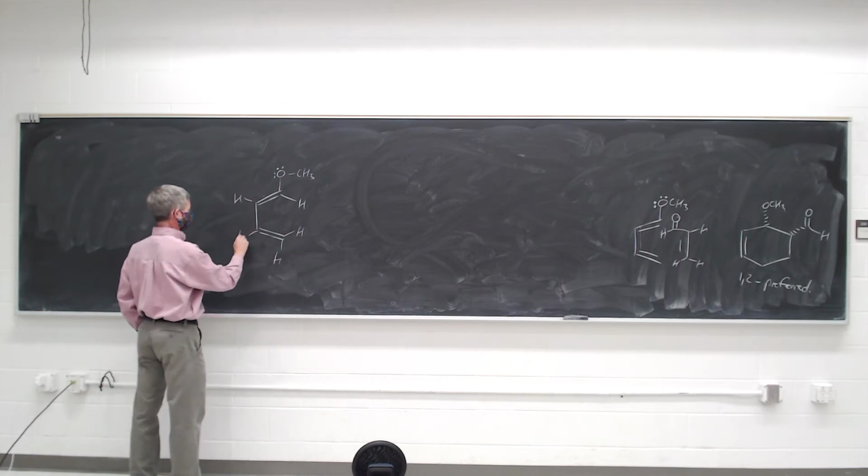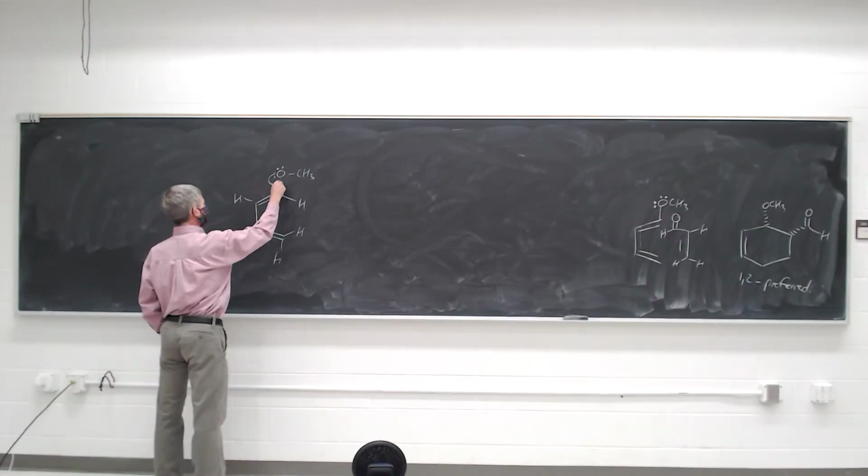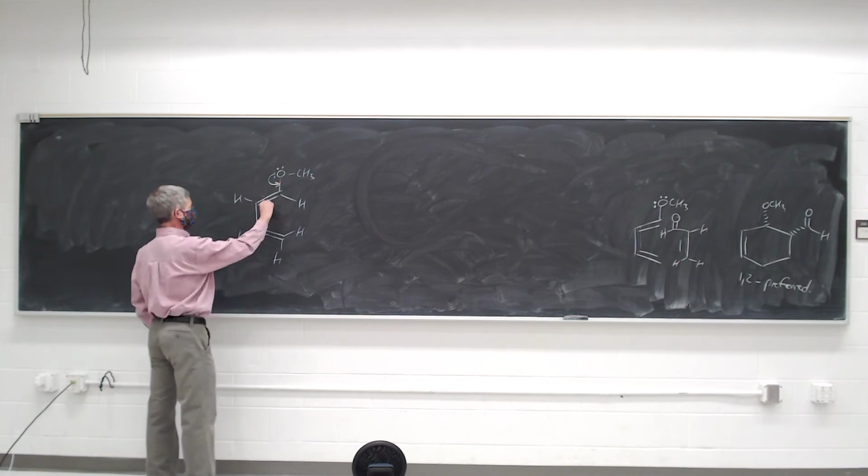So what I want to do is figure out the resonance structure of this that has that charge separation. I'm going to push this pair of electrons in to form the carbon-oxygen bond.